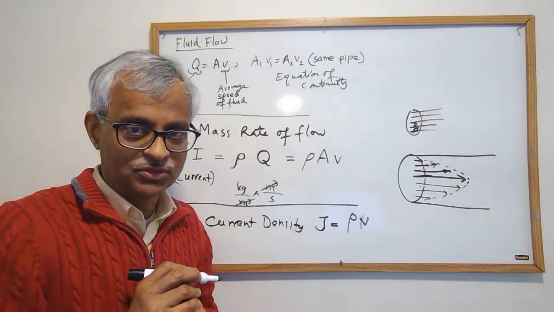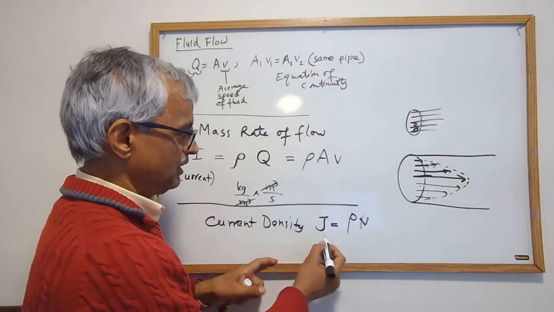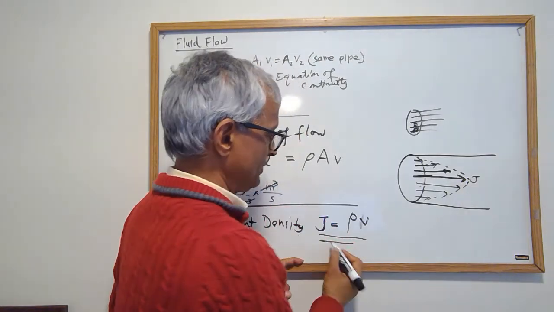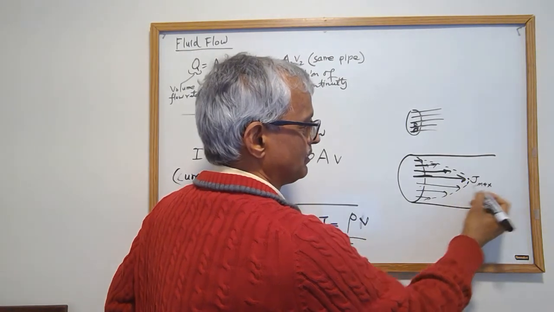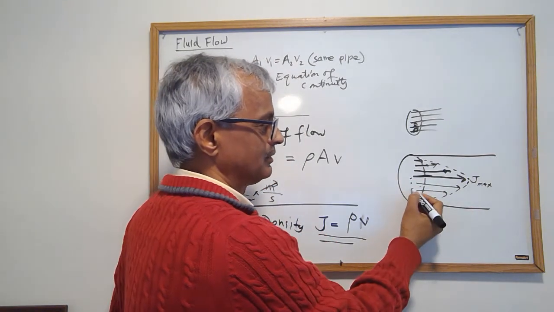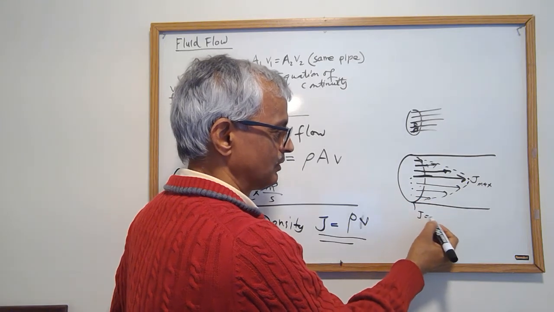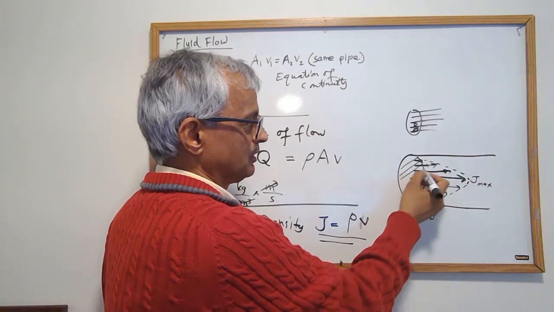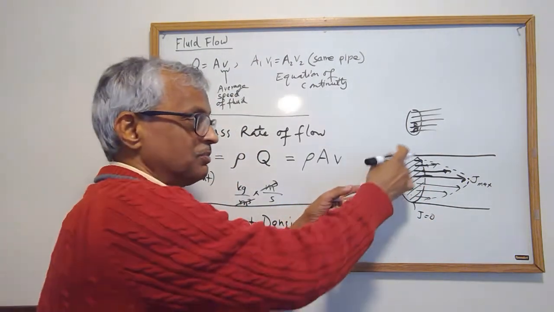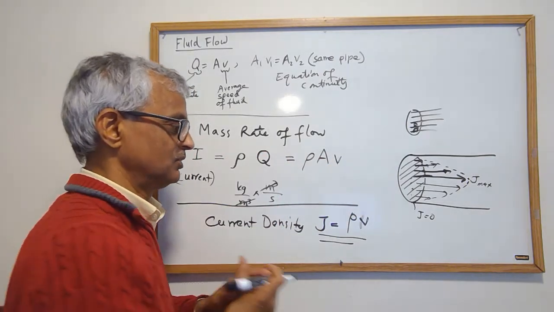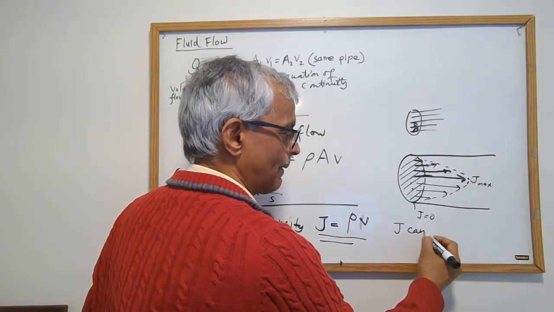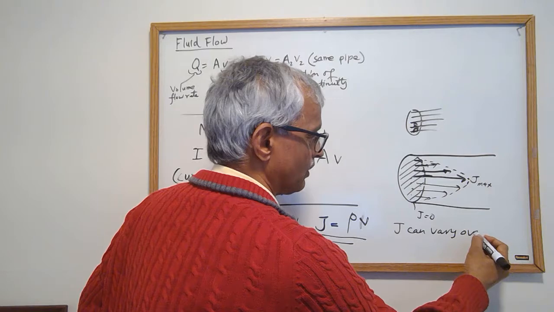So that's the profile. It's called the velocity profile. And so if I look at this, J here is the highest, max. At this point J is max, at this point J is less, J is even less, and J here is 0. So over the cross section, J is actually varying. J is a function of where I am on the cross section. J can vary over the cross section.